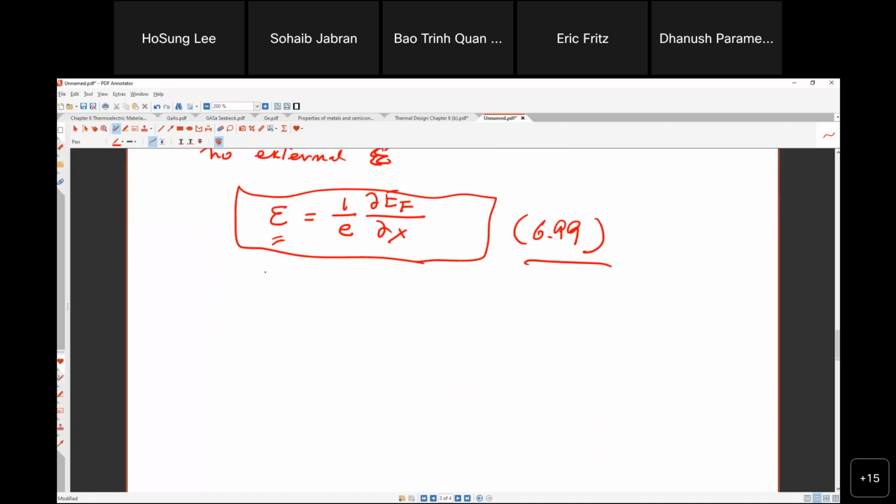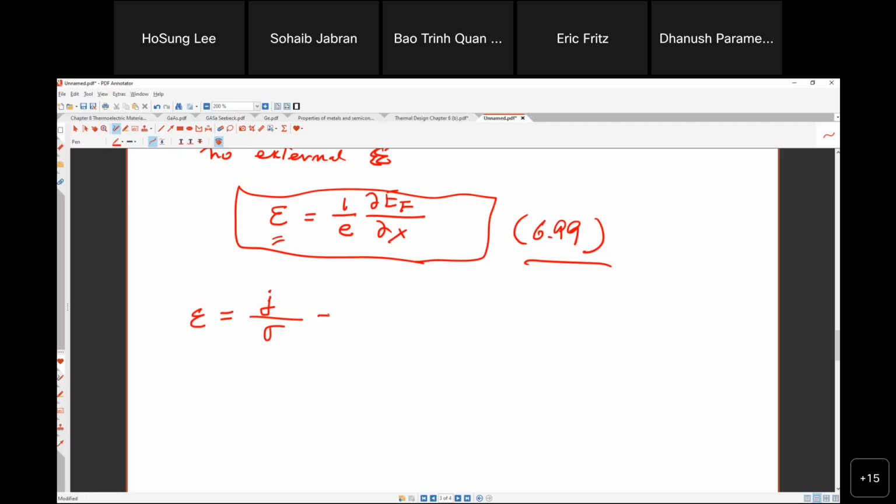So this allows us to look at the Seebeck coefficient. You know why? Because a general electric field is electrical conductivity and current density.